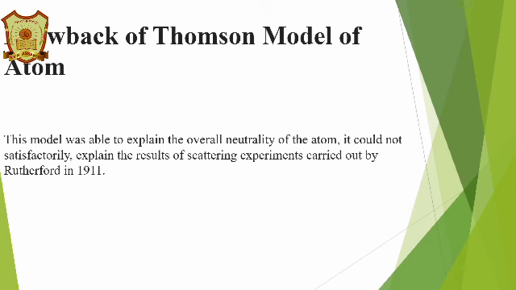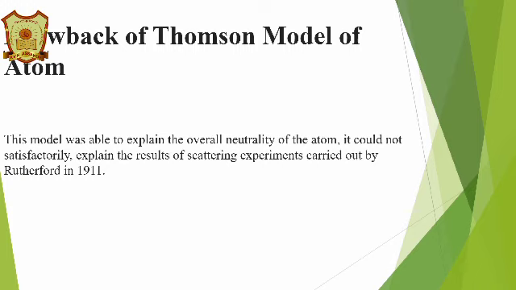But he could not explain the experiments which were carried out further. Further experiments were carried out by Rutherford, like the alpha scattering experiment, that is the next part of our video. He could not explain the results of those, so J.J. Thomson's model fell short. Hence, it was considered as the drawback of J.J. Thomson's model of an atom.